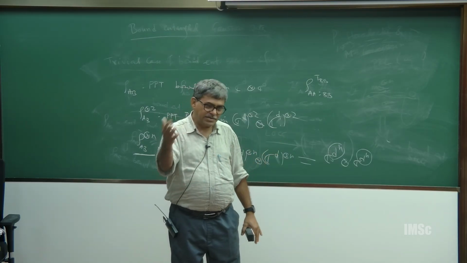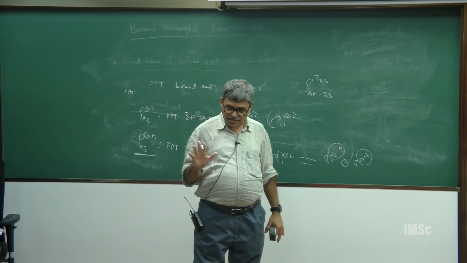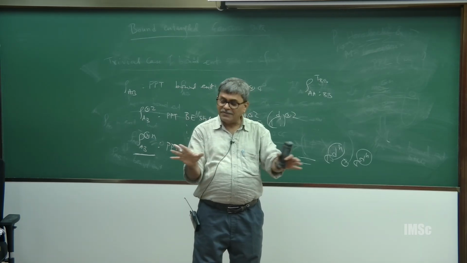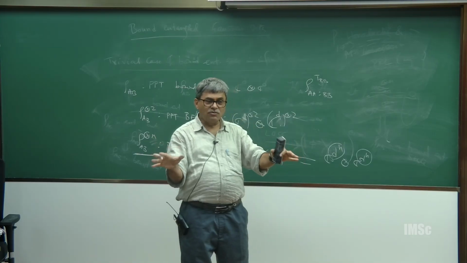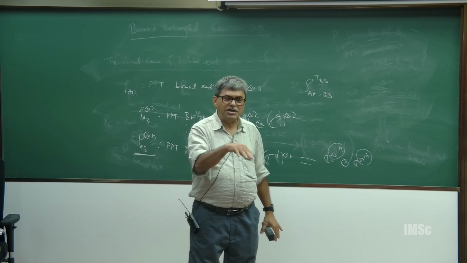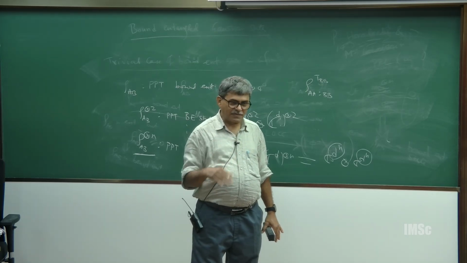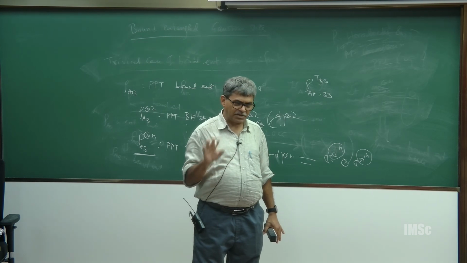So, the state will change. Now, you try to maximize this energy difference, and how will you maximize it? You apply any sort of local unitary transformations on the A and B systems, over which you maximize. This is what is known as ergotropy.